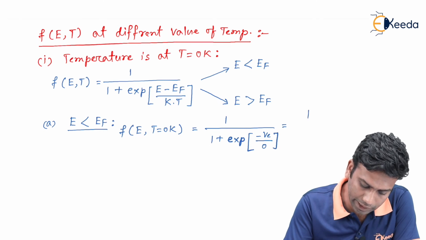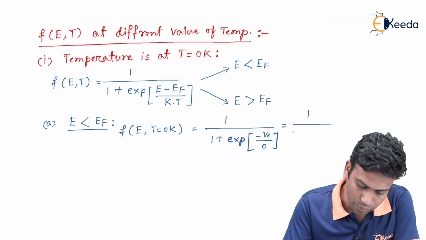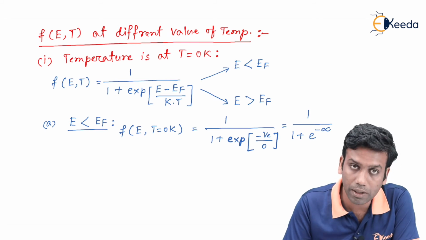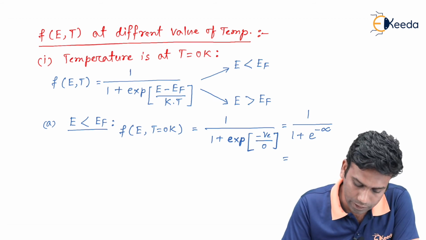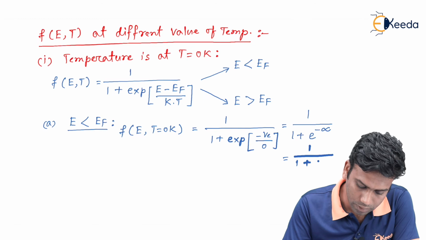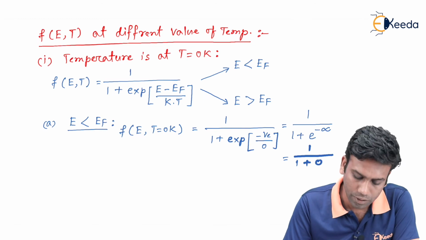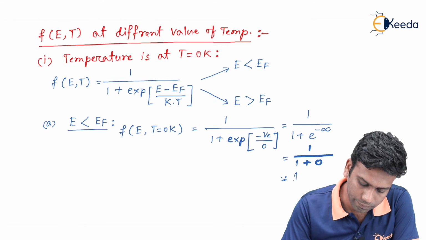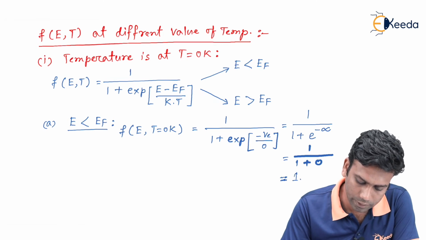Ultimately, we will get 1 plus e to the power minus infinite, and we know that e to the power minus infinite is nothing but 0. So, I am getting a value of 1 here.